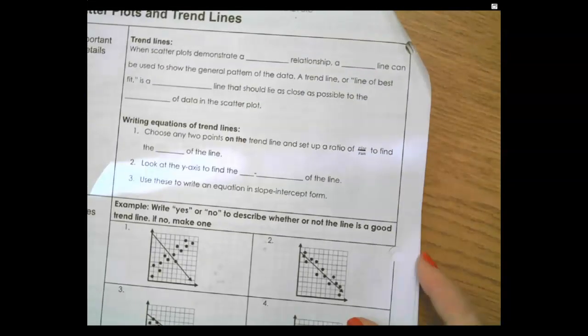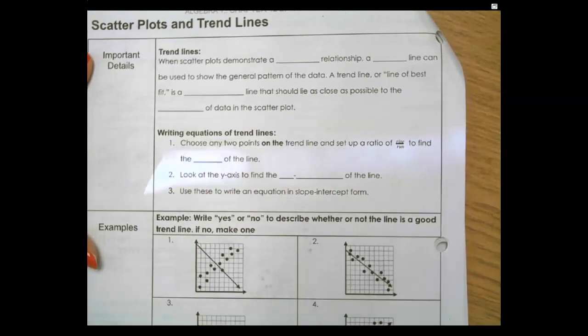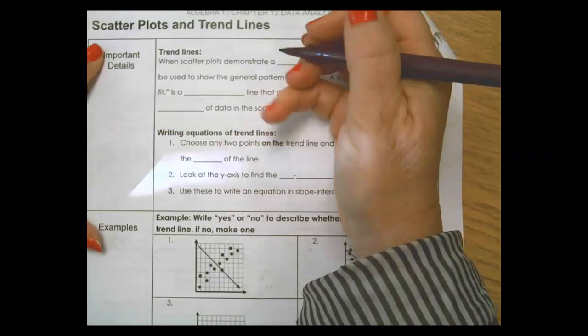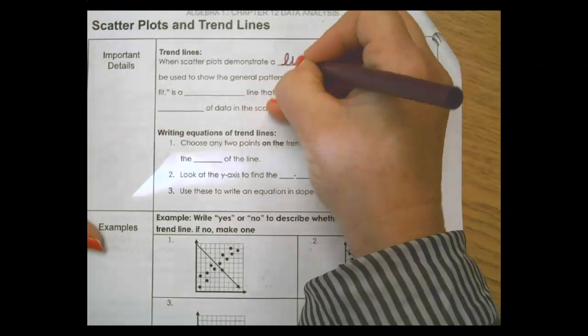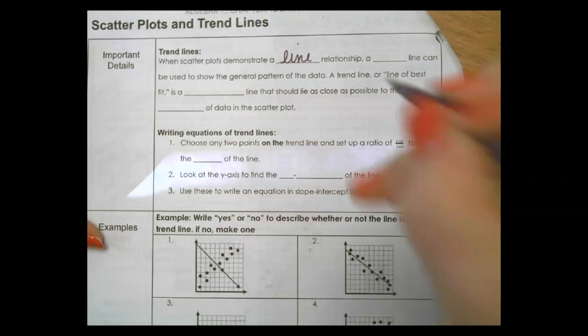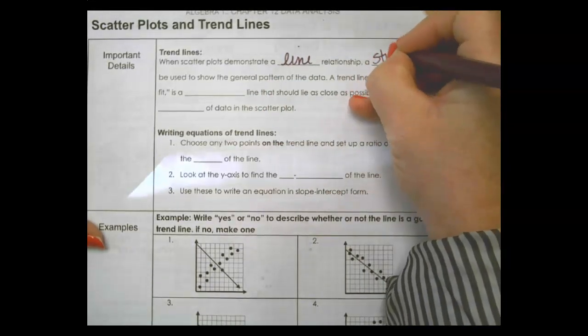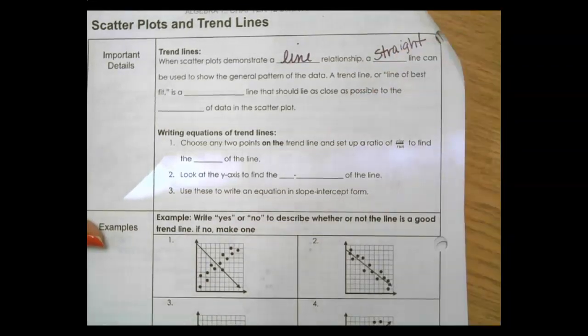This is called that trend line that I used, that we were making our lines through to show you whether there's sort of a trend. So when a scatter plot demonstrates a linear relationship, a straight line can be drawn to show that pattern.